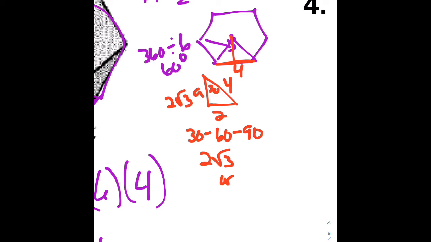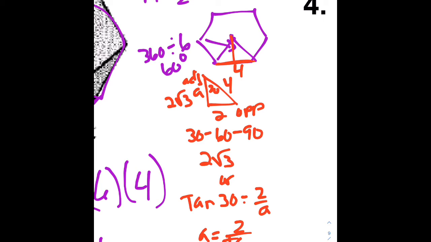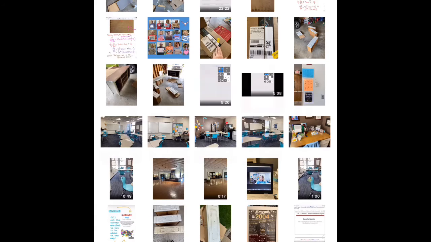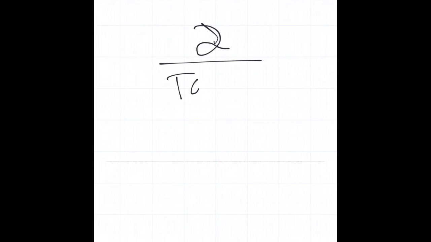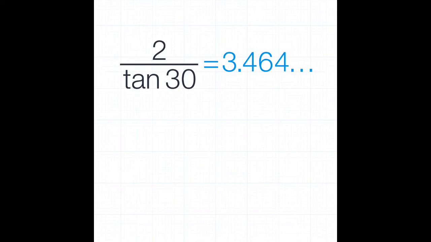Or you can use SOHCAHTOA. 2 is opposite. A is adjacent, so that's tangent. So the tangent of 30 is equal to 2 over A. That means A is equal to 2 over the tangent of 30. And if I take 2 over the tangent of 30, I get 3.4.